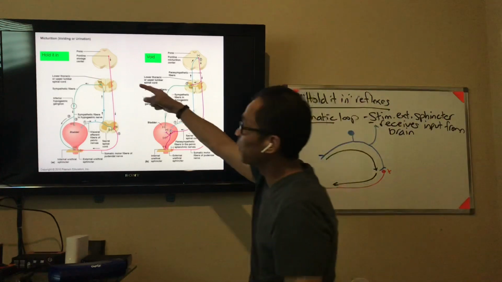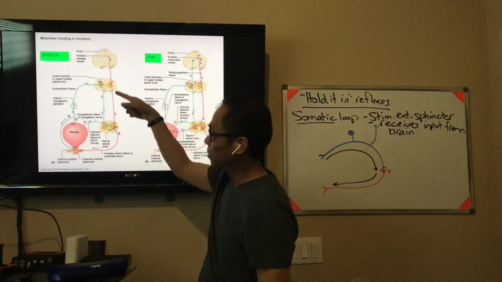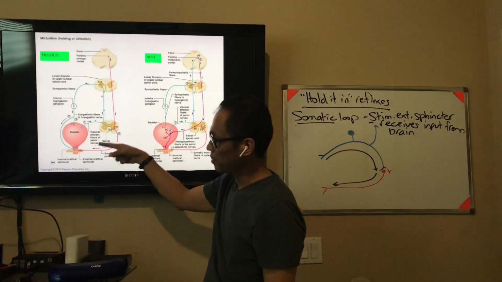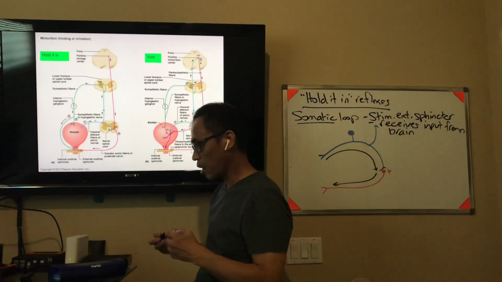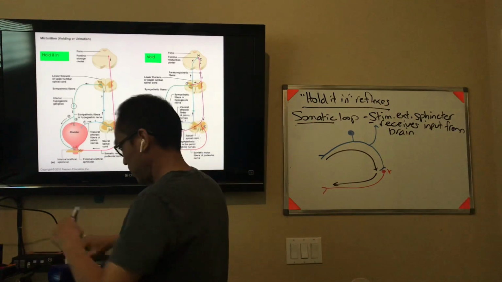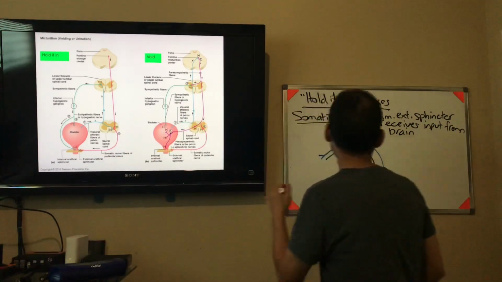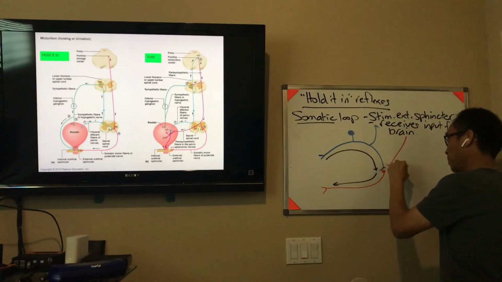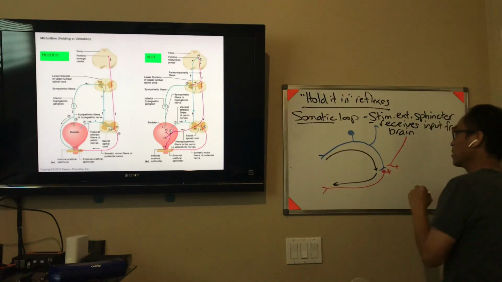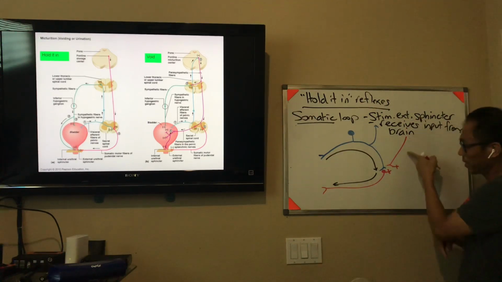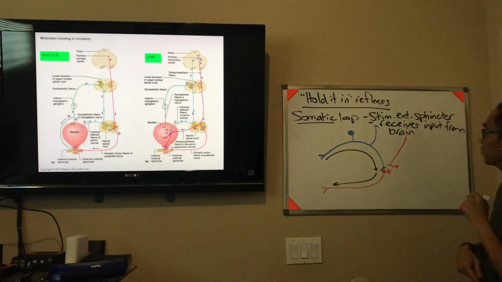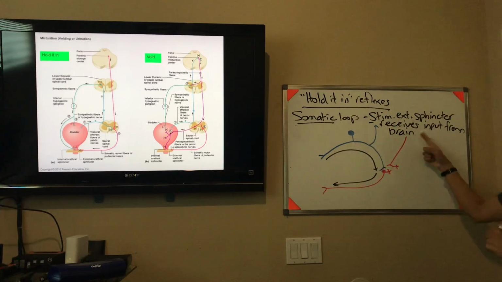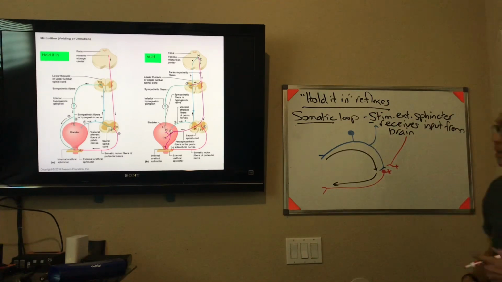And so here you see the Pontine Storage Center overstimulating that to really help you hold it in. So I'll just draw another one here, another positive stimulus from the brain. So you have this kind of dual input, the loop, but also receiving input from the brain.